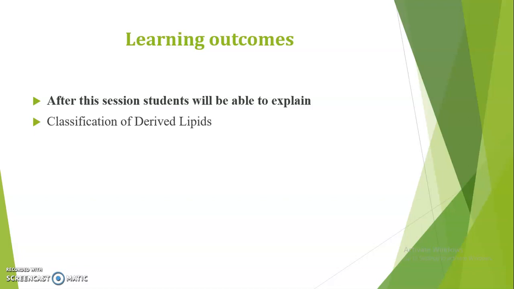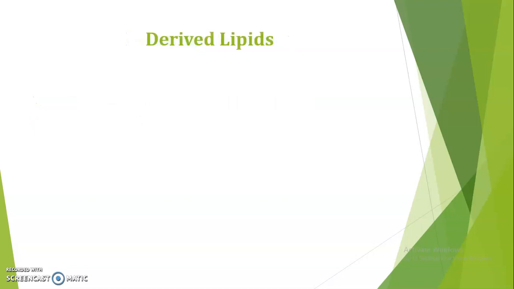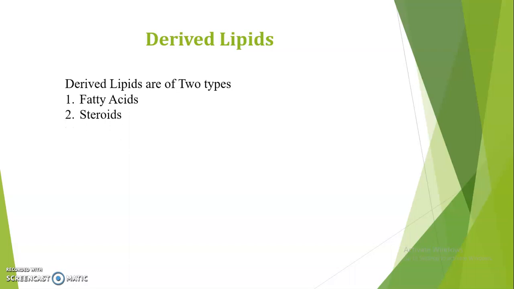So let's begin with the first classification of derived lipids. As I said, derived lipids are not actual lipids, but these are the products that are obtained from the lipids. That's why they are known as the derived lipids. Derived lipids are of two types: one is fatty acids and the other one is the steroids.